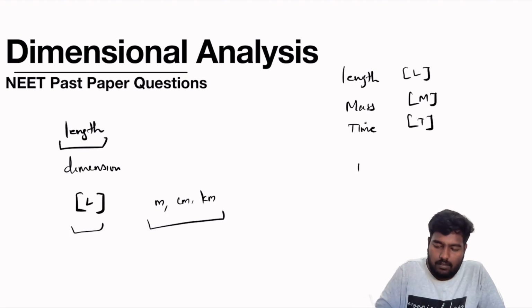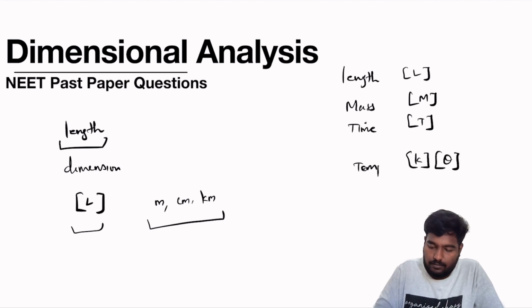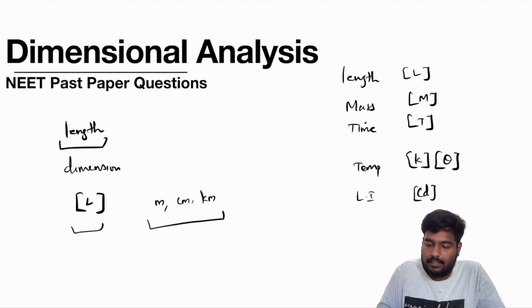And then we have temperature. We can denote this as K or theta. Any letter you can use. And then luminous intensity, for which you can use CD. And current, for which you can use I or A, ampere.